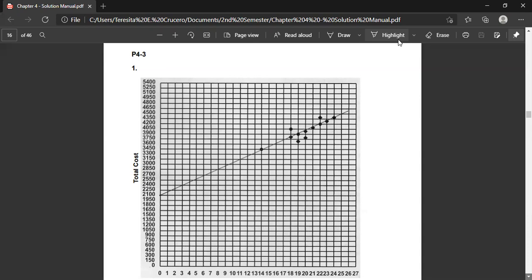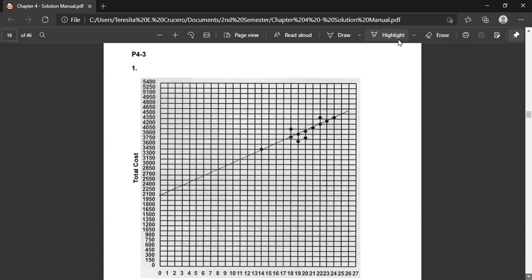Then in March, 2,200 units, and we have the cost of 4,200. Okay, so this cost will be posted up to December.